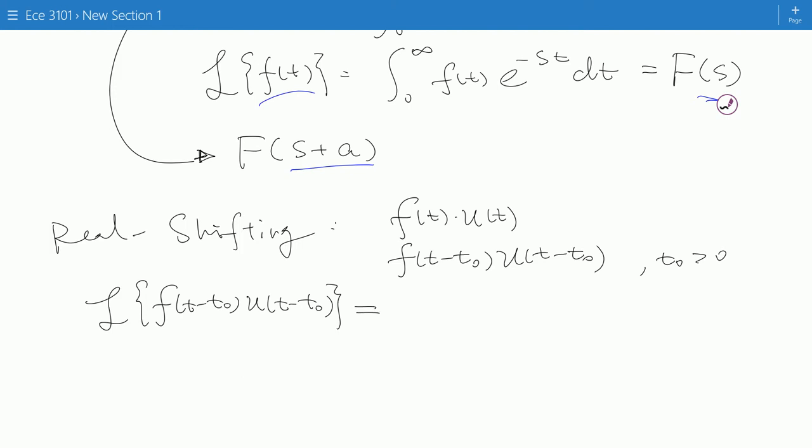It's going to be the Laplace transform of f(t)u(t), or the undelayed function, times e to the power negative s times t0. Okay, and we have seen it already.